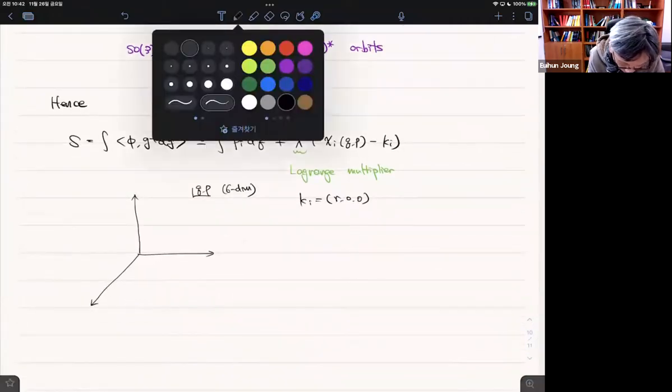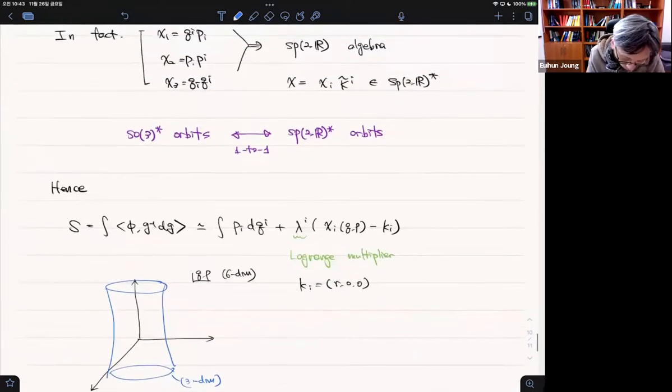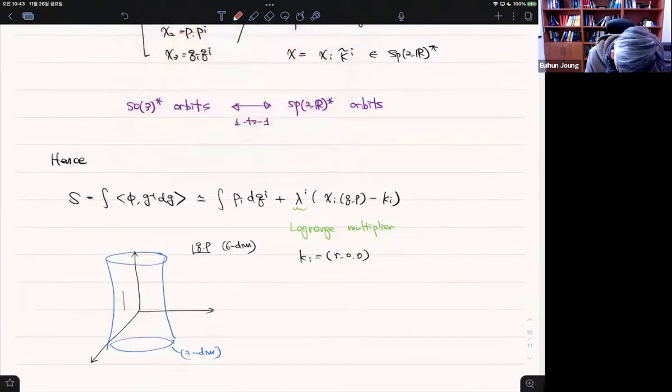You impose this constraint, and then this is some sort of constraint surface, which is 3-dimensional, because we have imposed 3 conditions. Among those there is one first class constraint, which generates this gauge orbit gamma. So this is generated by the first class constraint.